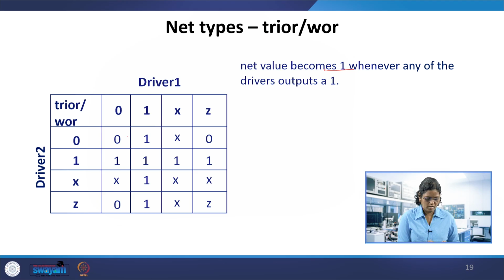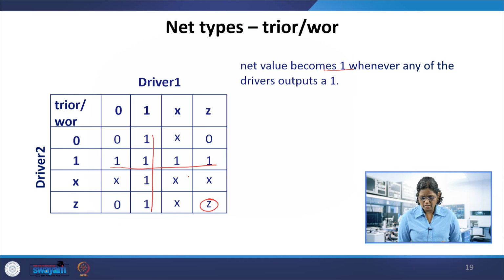If any one of them is 1, it is 1 in all those combinations. Z is allowed, the remaining gives 0 here, and the unknowns, they do not care.